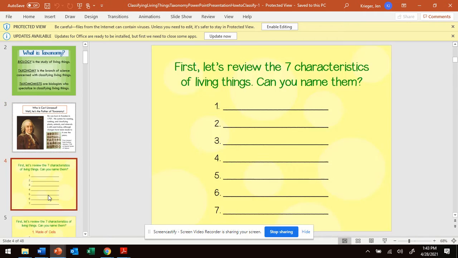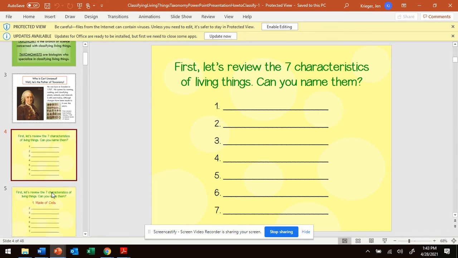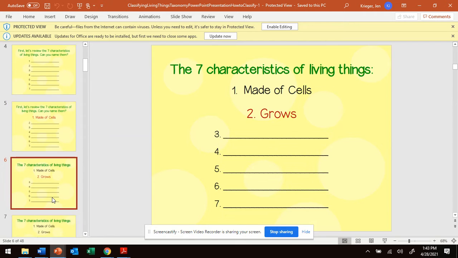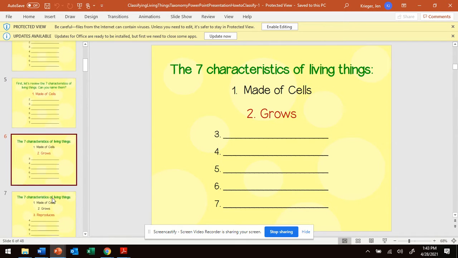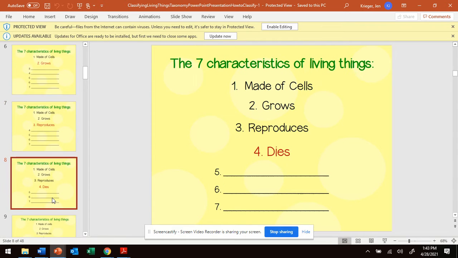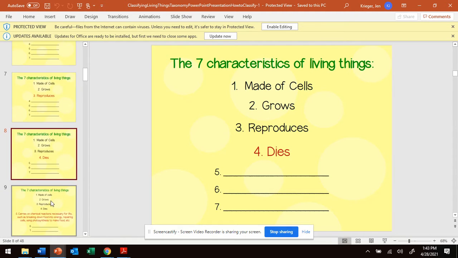Okay. So, if we kind of review, what are 7 characteristics that all living things have in common? 1, they're made of cells. 2, living things all grow. 3, all living things reproduce. 4, all living things die.